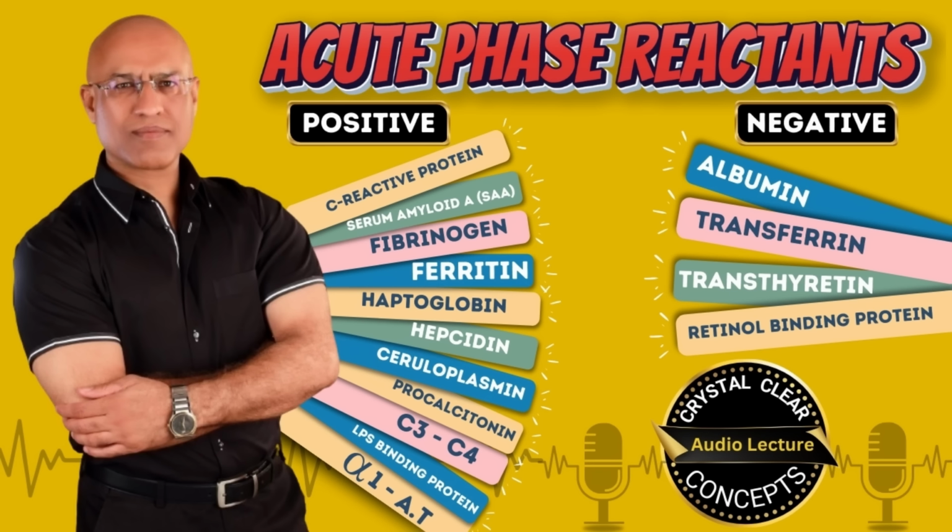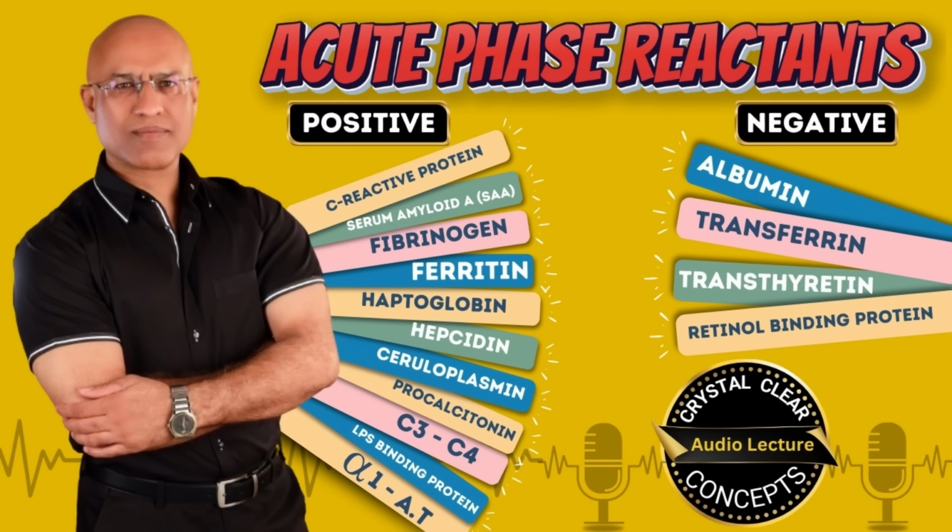Even though most doctors, when they talk about acute phase proteins, they only remember proteins, they don't remember that there are some other molecules which also change in the blood, right? And most of the time, we doctors discuss acute phase reactants as acute phase proteins.